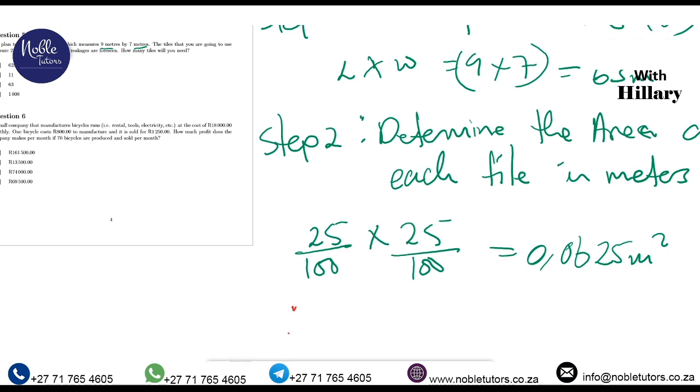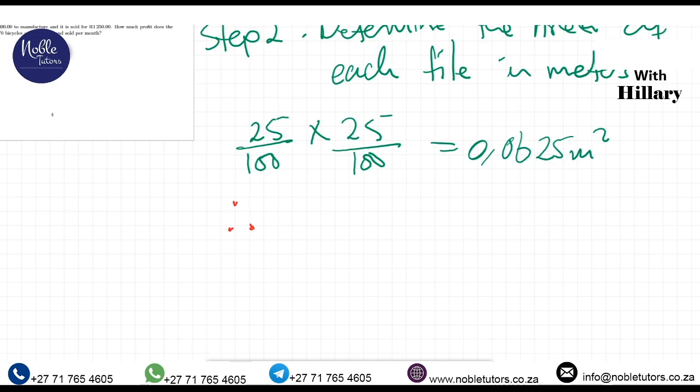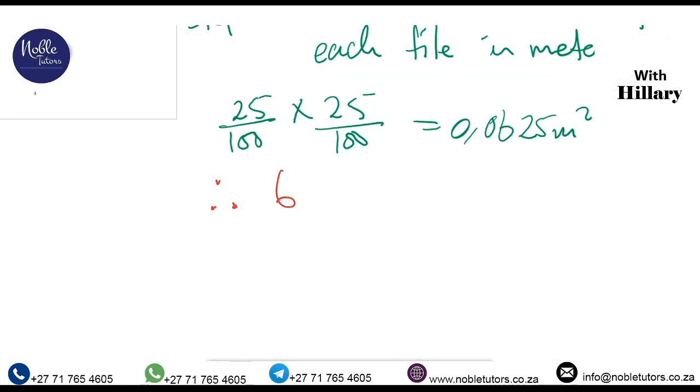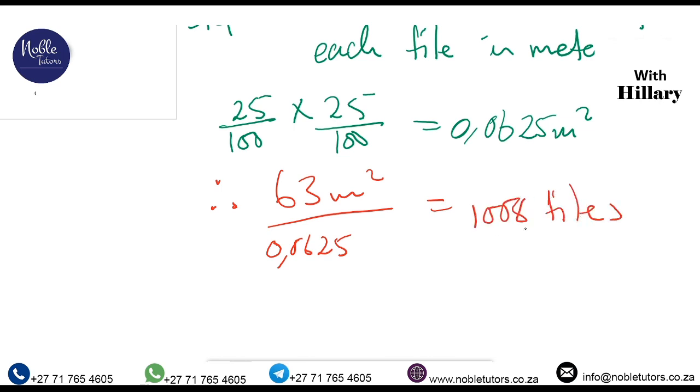Therefore, we need to know how many tiles we're going to need to cover an area of 63 square meters. We divide by 0.0625, which is equal to 1008 tiles. So we're going to need 1008 tiles to cover a 63 square meter area when we're using a tile that covers 25 by 25 centimeters, which is 0.0625 square meters in area.